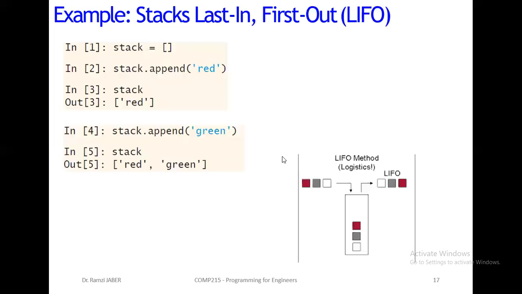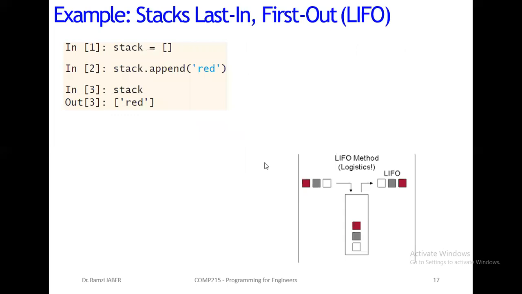So in this example, we want to define a stack, last in, first out, LIFO. We will take this in data structures. When you put three elements, the first element will be at the bottom, the second in the middle, and the third at the top.